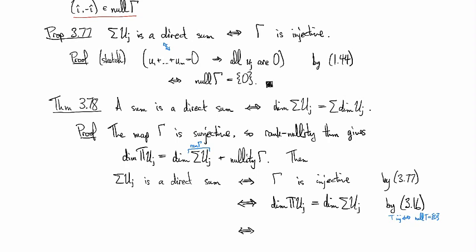And then this is going to be equivalent to the one we looked at in the last clip, that is 3.76. That the sum of the dimensions of the UJ is equal to, on the right side, the dimension of the sum of the UJ.